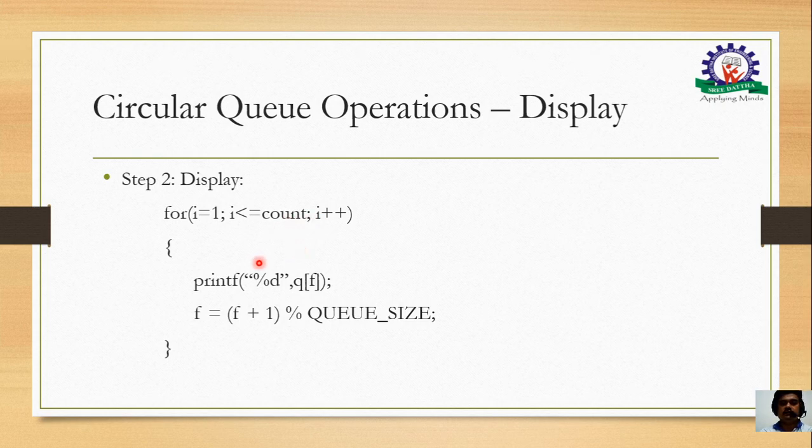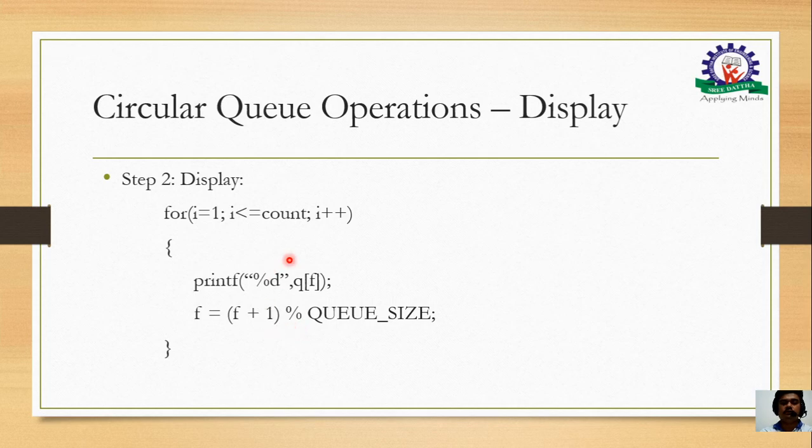Each iteration will be incremented, that is i plus plus. Display will start from the front end only, that is at the index value 1. First I will display the content, then I will increment f is equal to f plus 1 with the modulus operation.